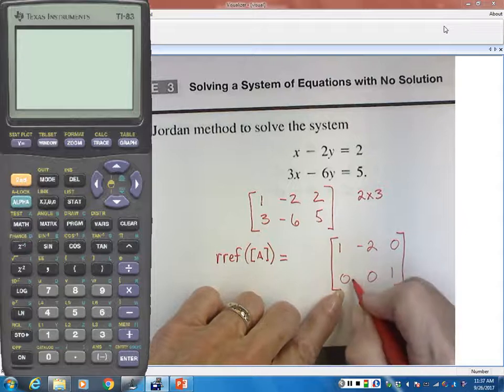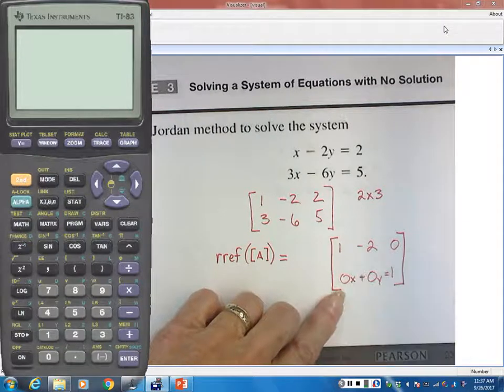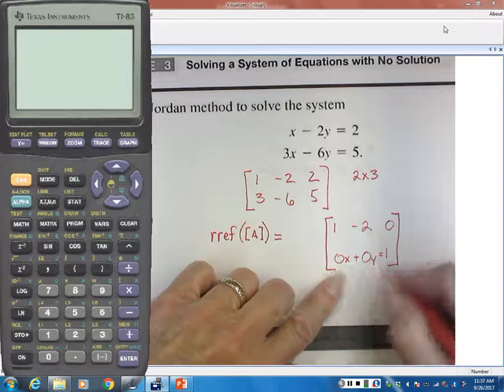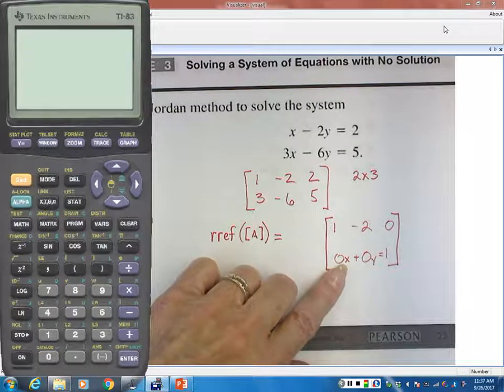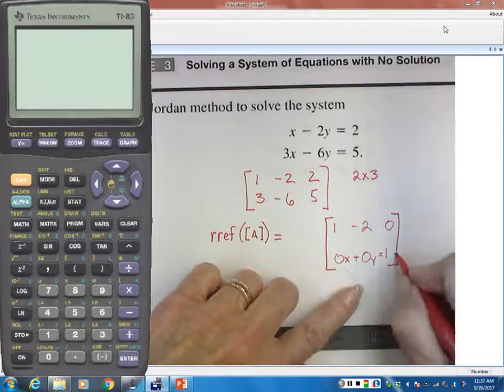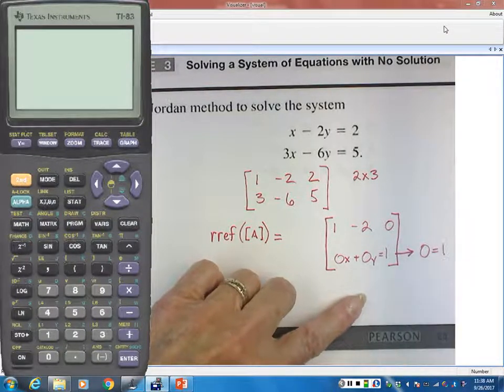If I put the X's and Y's back in here, can you have no X's and no Y's to be equal to 1? No, because if you multiply X and Y, regardless of what they are, by 0, they both become zeros, right? So what this is actually telling you is that 0 is equal to 1. Is that true?